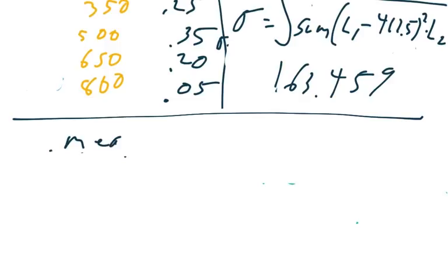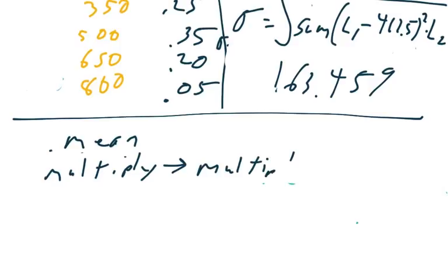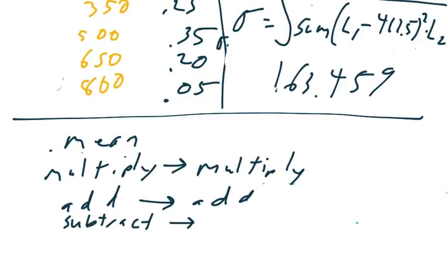So, for means, it's the same rules that we had in chapters 1 and 2: when it's multiply, you multiply, and when you add, you add. And same thing with subtract, you subtract.